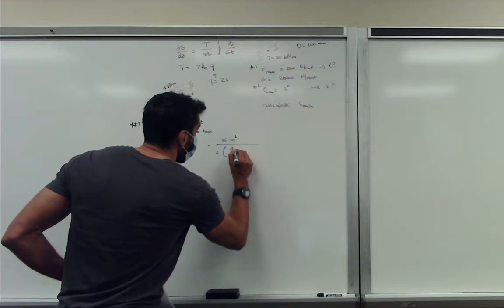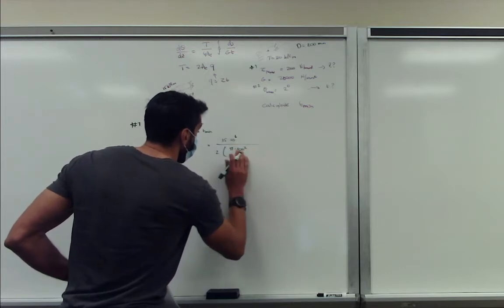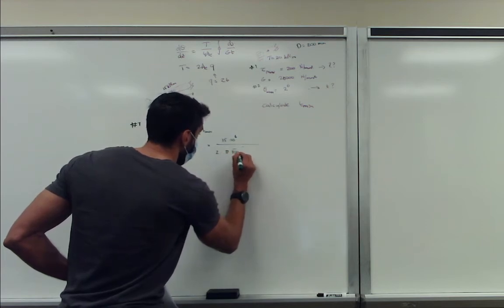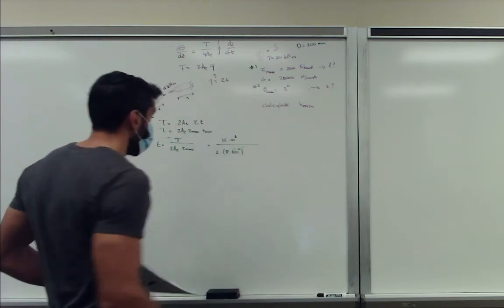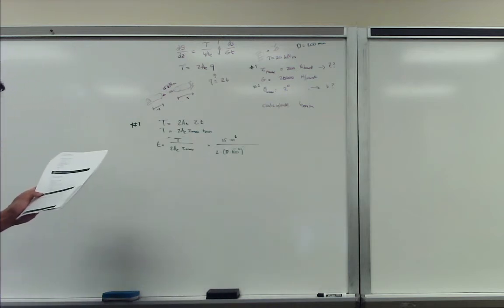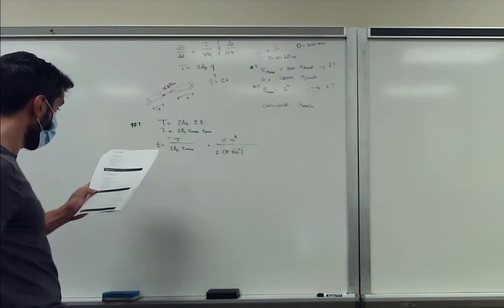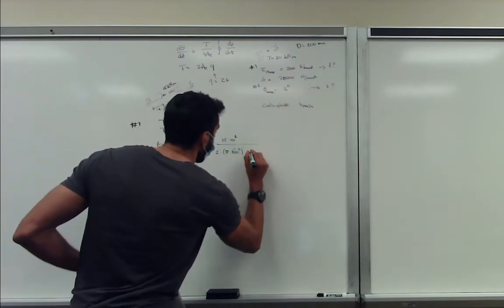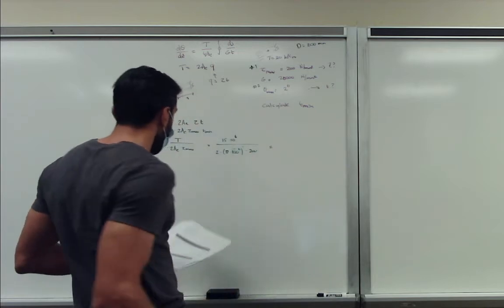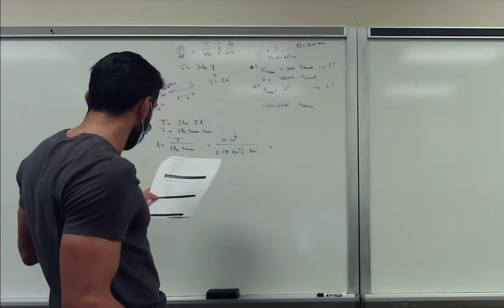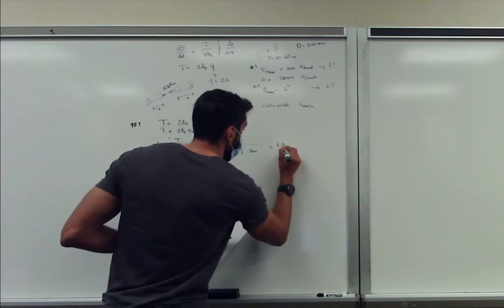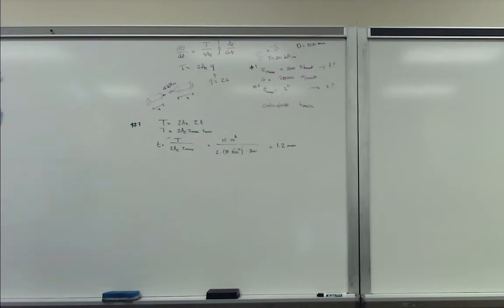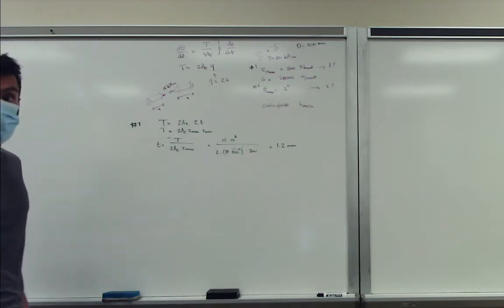Then tau max is given as 200 Newton per millimeter squared. And then we get 1.2 millimeters out of it. So we know very straightforwardly what the minimum thickness must be.